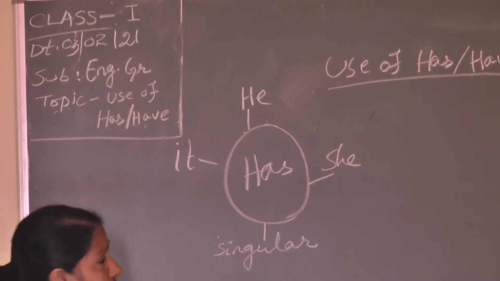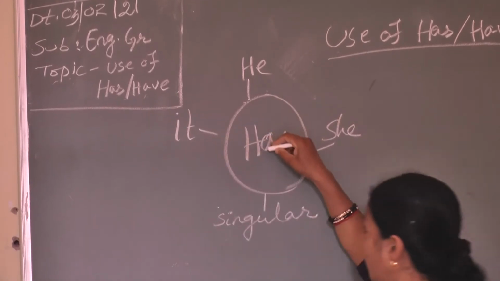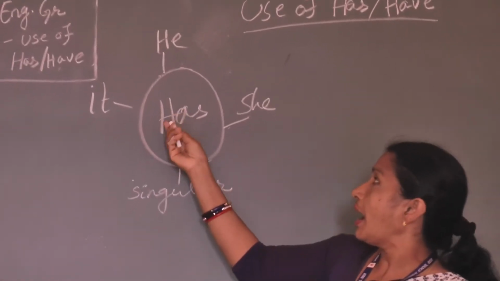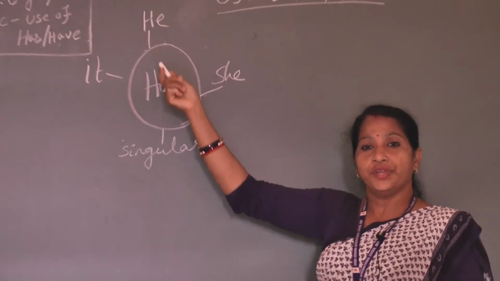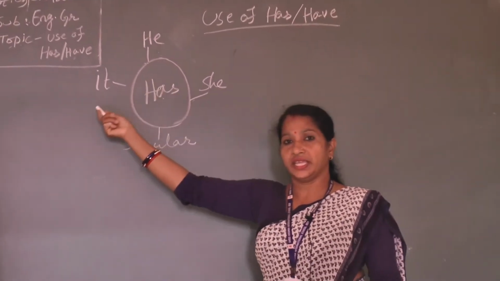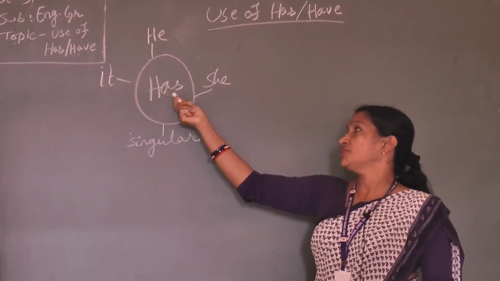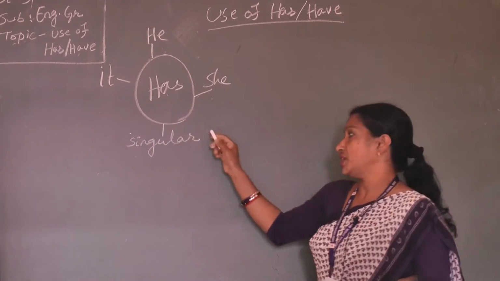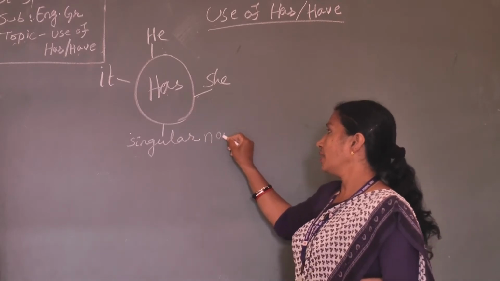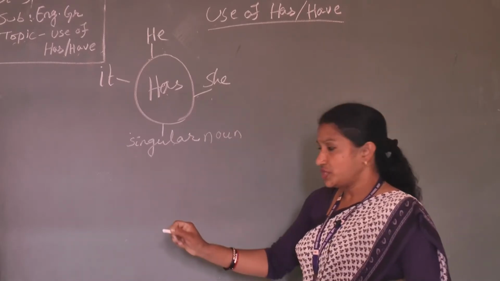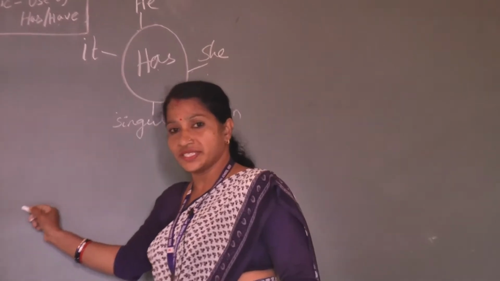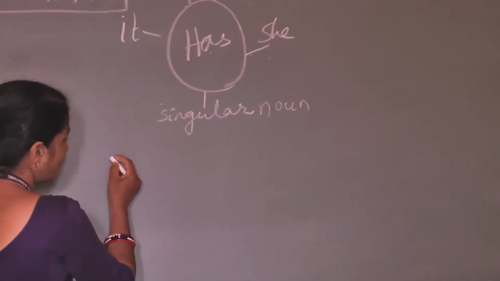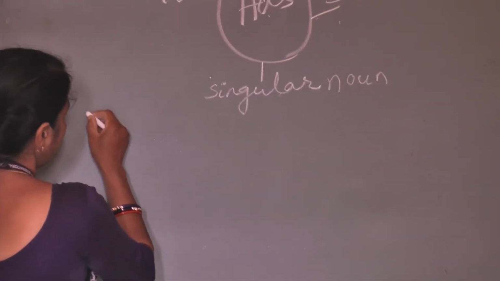You repeat with me, children. We use has with he, we use has with it, we use has with she, and we use has with a singular noun, okay. You see some examples here, I am giving some examples, children.